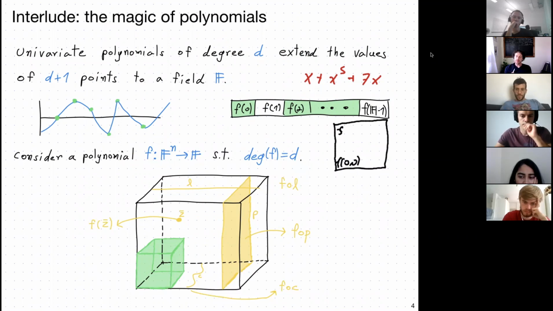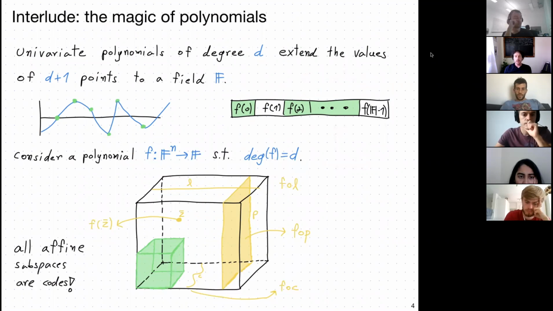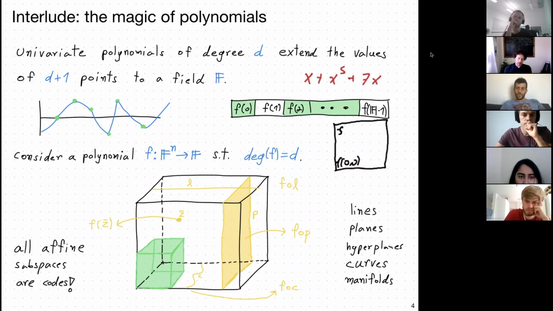But it extends far, far beyond that. For example, we can take any affine subspaces and even more, and we'll still get a code. What do I mean by that? If I take any line in the hypercube, then this line would be another good code. And the reason is, if you take a polynomial and restrict it to a line, this is just taking the polynomial and evaluating it by the equation of a line.